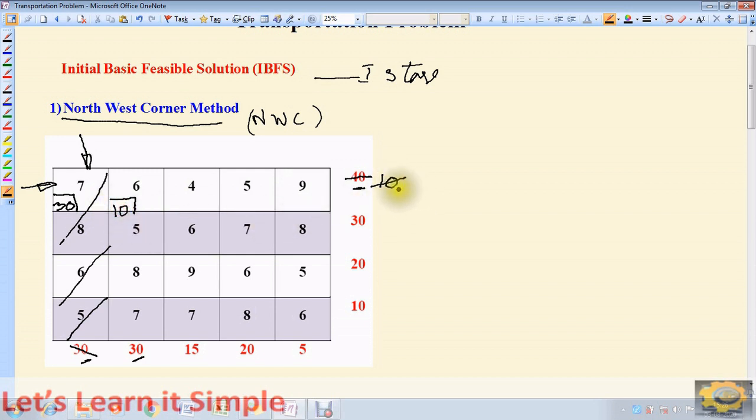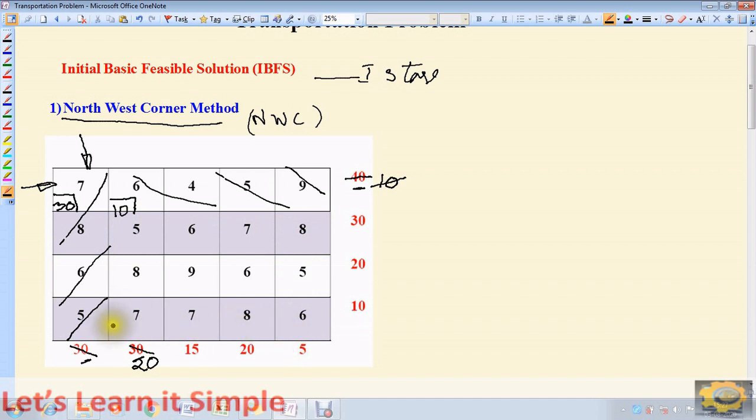After allocating 10, you are left with 20. Since the first row is completely allocated, 30 in the first cell and 10 in the second cell, this row vanishes. You are left with this as the remaining matrix.